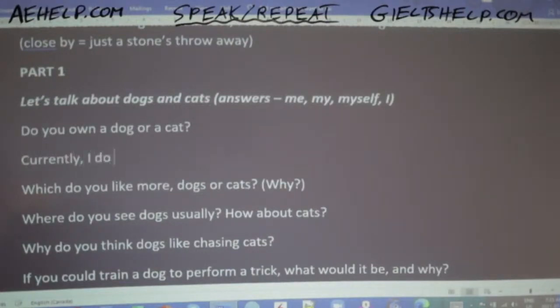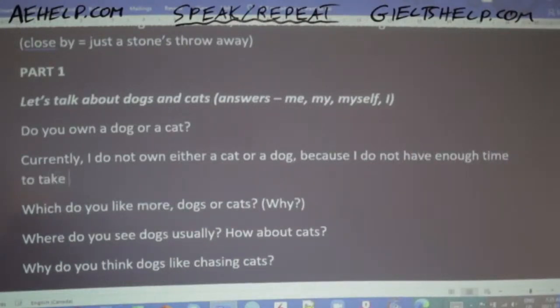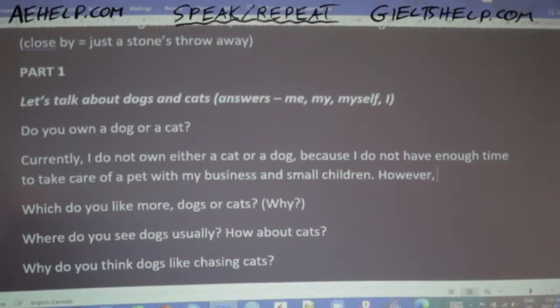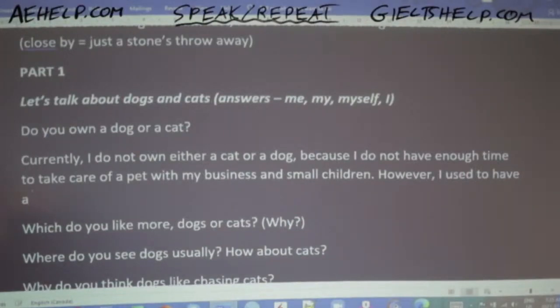Currently, I do not own either a cat or a dog because I do not have enough time to take care of a pet with my business and small children. However, I used to have a small American Cocker Spaniel.